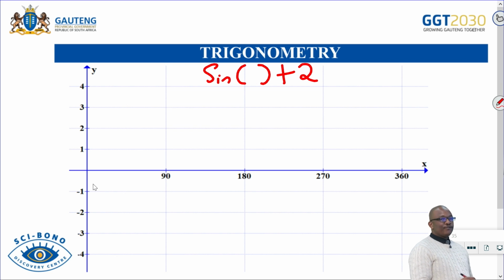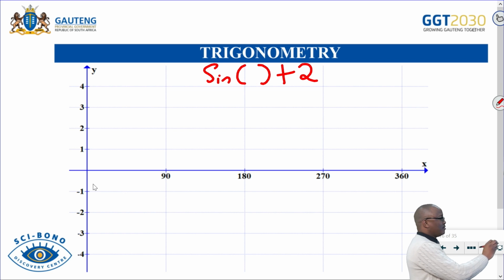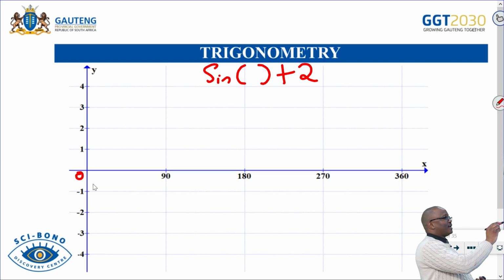So now, if you punch in your calculator and you say sine 0 plus 2, you will find that your graph will start there at 2.